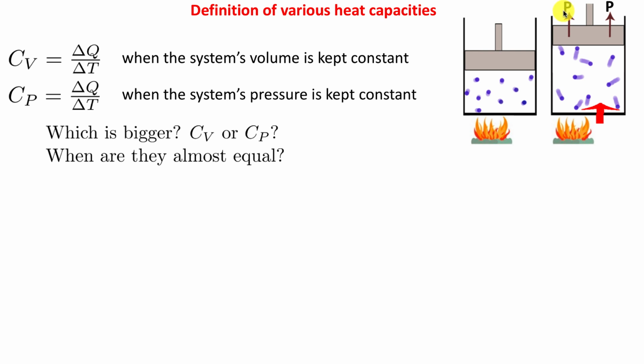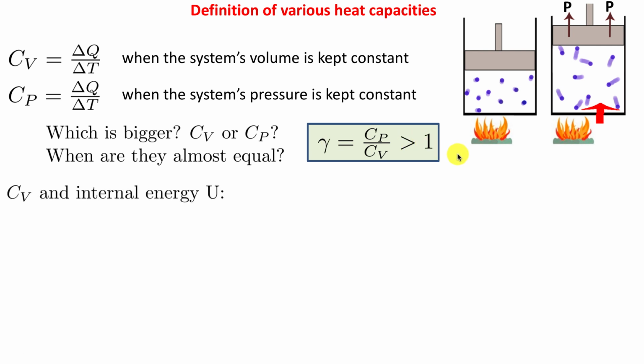According to the first law of thermodynamics, which is the conservation of energy, you cannot get work for free. You had to put in this extra amount of heat. So in that case, this delta Q would have to be bigger in order to get the same rise in temperature. So that's saying that if you take the ratio of CP to CV, call that gamma, and we'll need this later, well, that gamma is going to be bigger than 1.